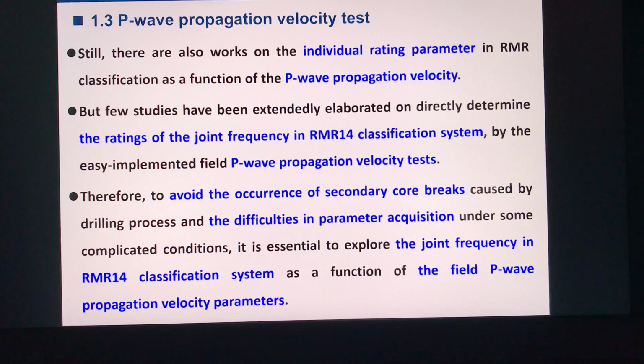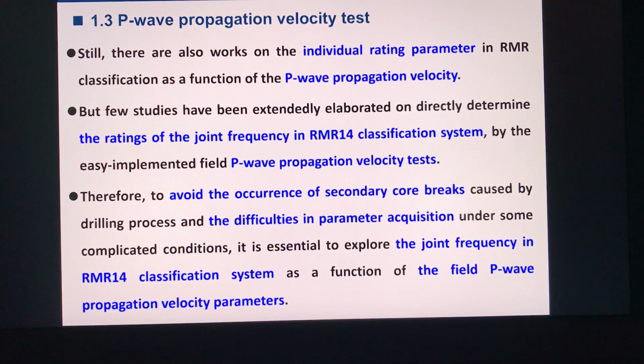Still, there are also works on the individual rating parameter in the RMR classification system as a function of the P-wave propagation velocity, but few studies have elaborated extensively on directly determining the rating of the joint frequency in the newly proposed RMR classification system by the easily implemented field P-wave propagation velocity test.